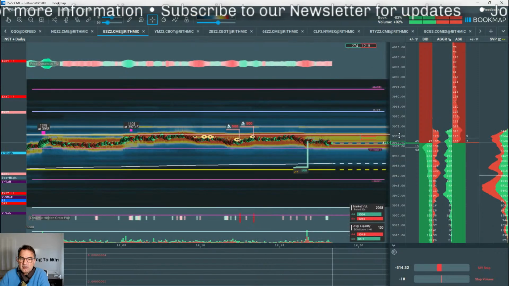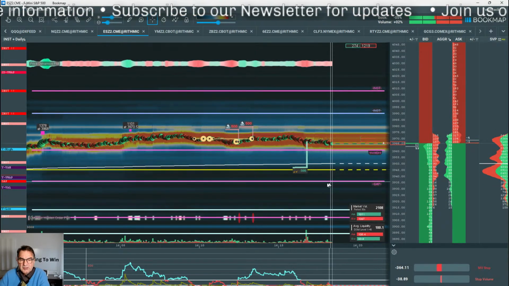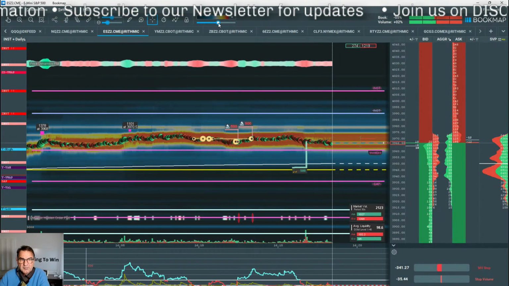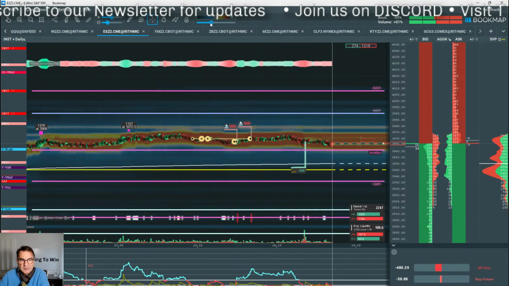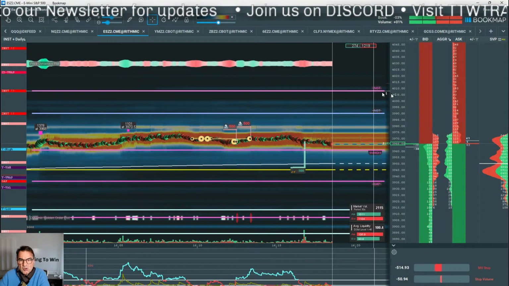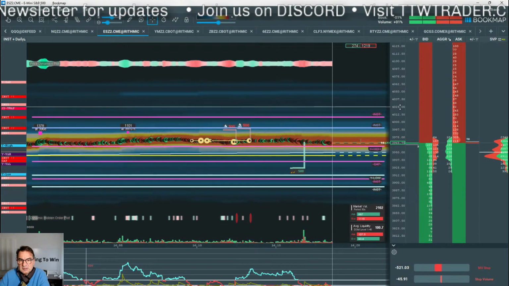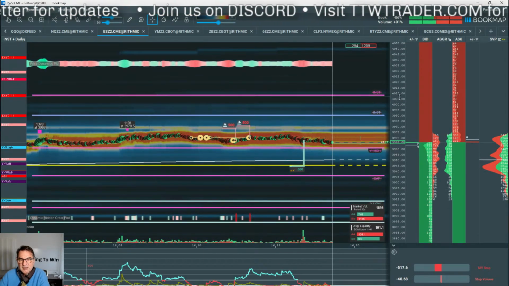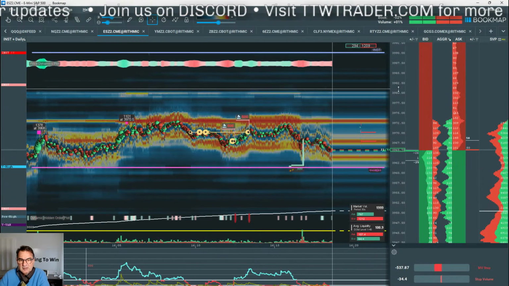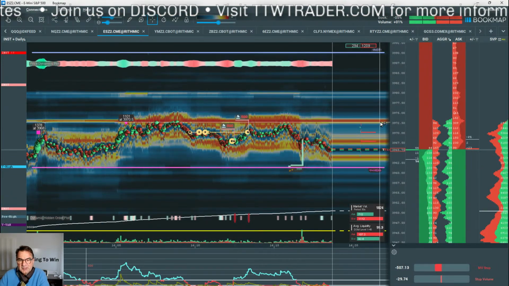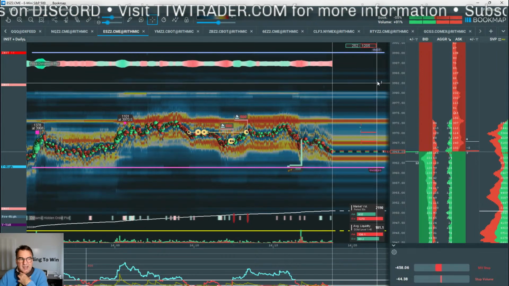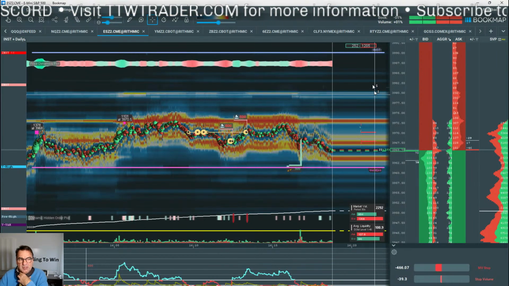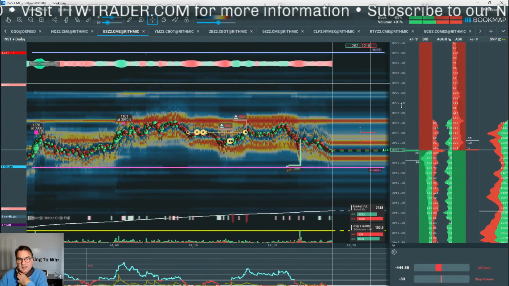Let's have an overview. You see on the heat map of Bookmap that there's no significant liquidity above and below. We have liquidity at 39.72. Something is coming up at 39.80, which comes together with an institutional line here.